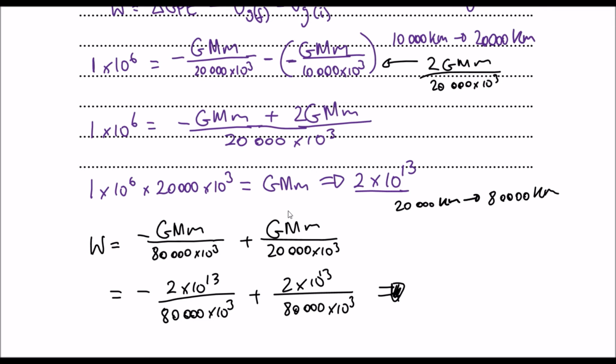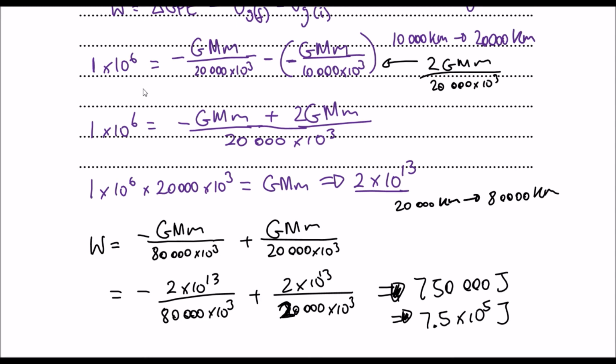It would help if I had written the right number, so 2, not 8, and we get a value of 7,500,000 joules, or you could write 7.5 times 10 to the power 6 joules. That's the amount of additional work we need to do to push it from 20,000 kilometers to 80,000 kilometers.